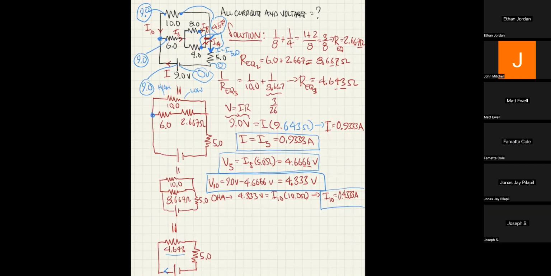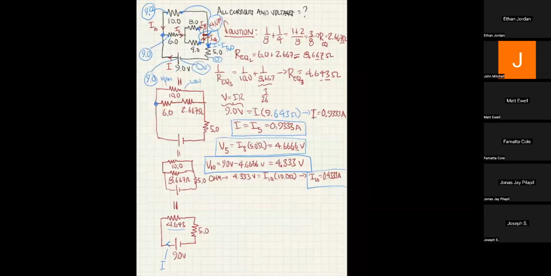I don't know that yet, but drawing that I10 here, that 0.433 amp current could be coming down and entering the junction, or it could be going up and entering the junction.